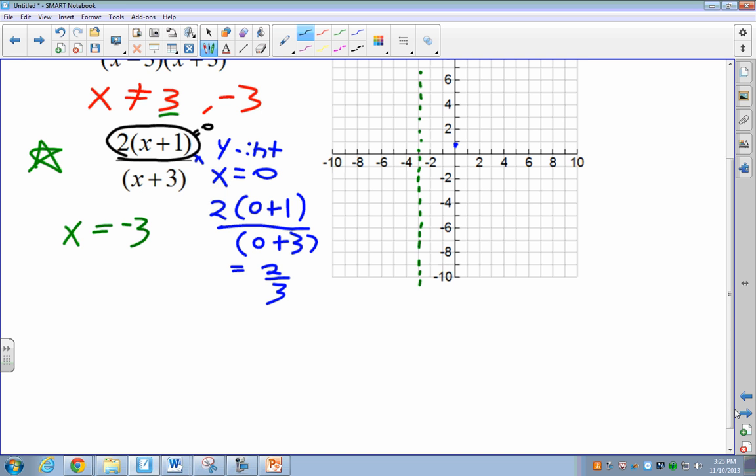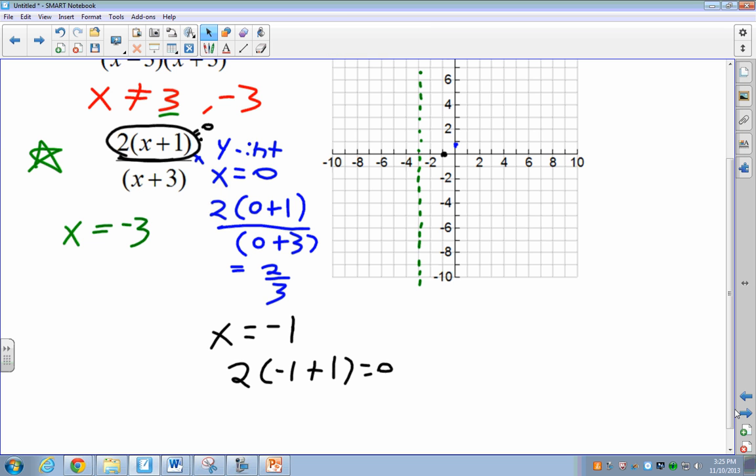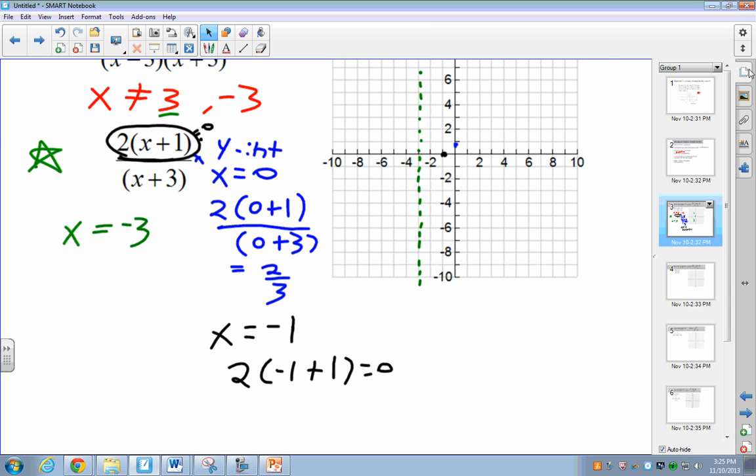So what we want to do is find what values of x in our numerator will make our numerator 0. And so here, if x is equal to negative 1, and we're looking at our numerator, 2 times negative 1 plus 1 equals 0. And so negative 1 ends up being our x-intercept. Okay, so now let's keep checking along here.